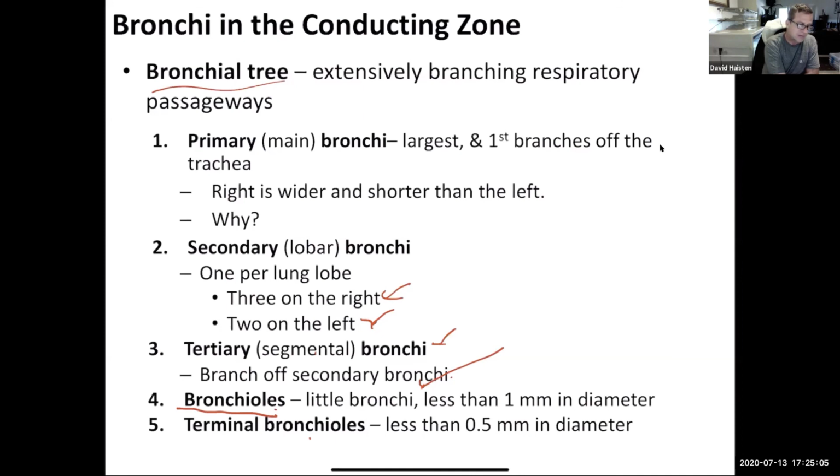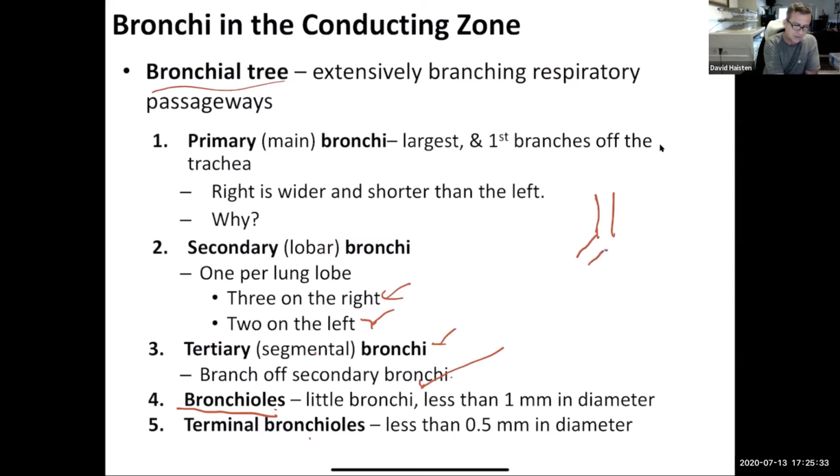For your main bronchi, the right one is wide and short. The left main bronchus is long and narrower. Why? And here's another thing. We're facing the individual, in standard anatomical position. So the right bronchus goes down steep, and it's short and it's big.